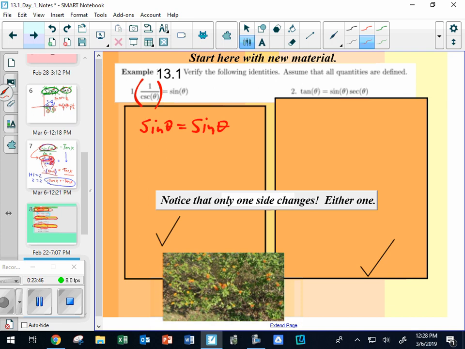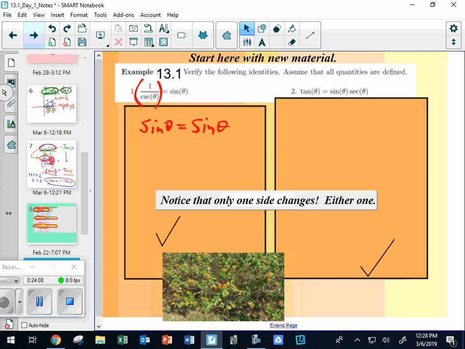So you go over, and which of the two sides do you mess with? I have some good advice for you. Take the more complicated side and use substitutions and then simplify it. I would say it's that way on at least 9 out of 10 problems. You want to take the more complicated side and simplify it.